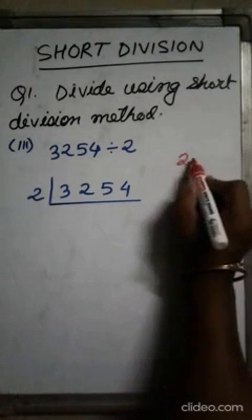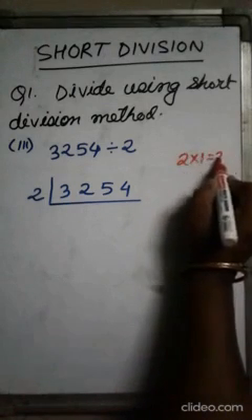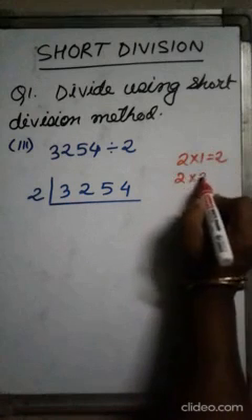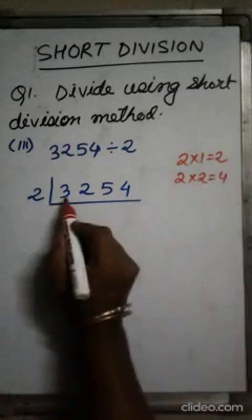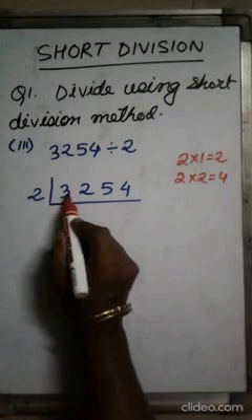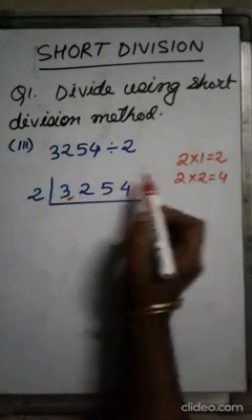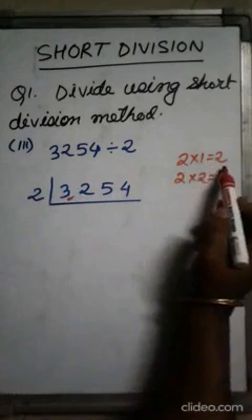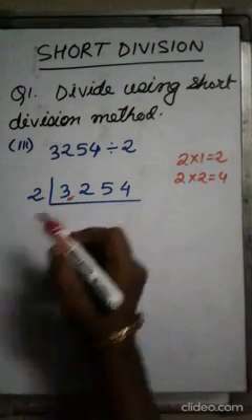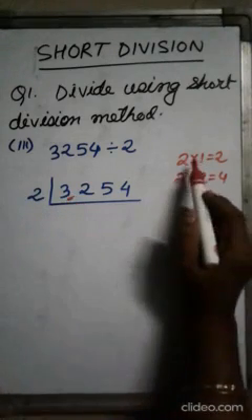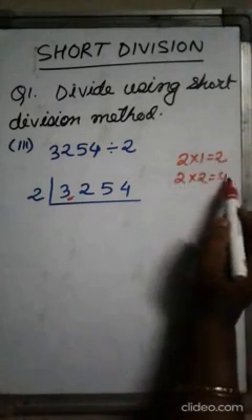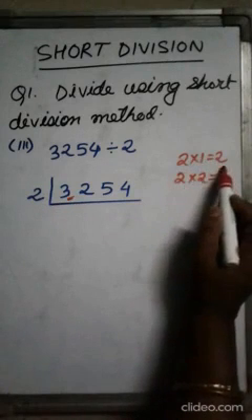You know already 2 into 1 is 2, 2 into 2 is 4. Here you can see that 3 is greater than 2. So we have the value 3, which lies between 2 into 1, 2, and 2 into 2, 4.